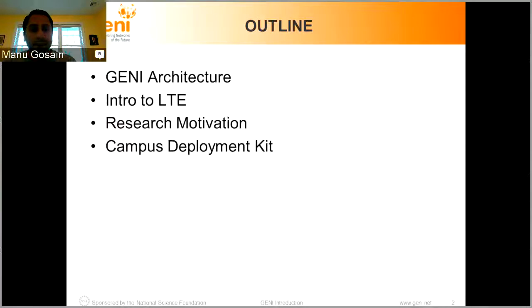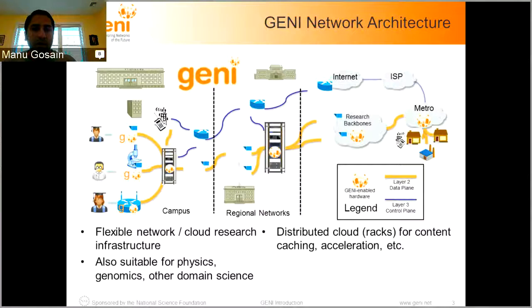So basic GENI network architecture, the goal was, or the goal still is to have a flexible network and cloud research infrastructure. And the basic unit of resource that's available in GENI is called a GENI rack. As you can see, we'll build our way from the left to the right.